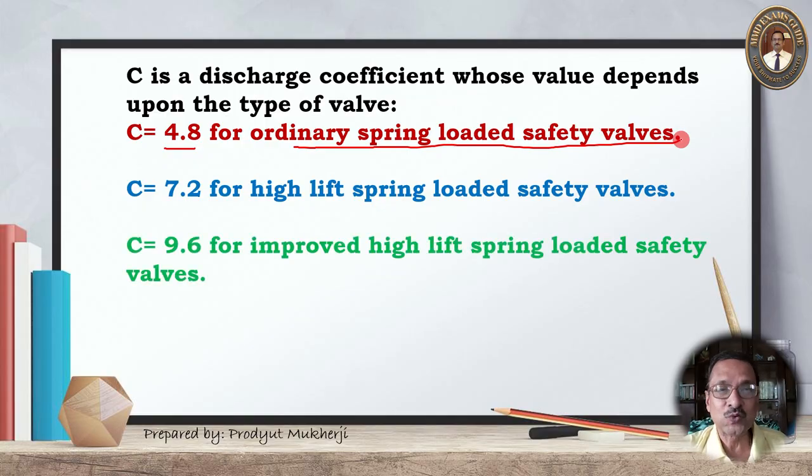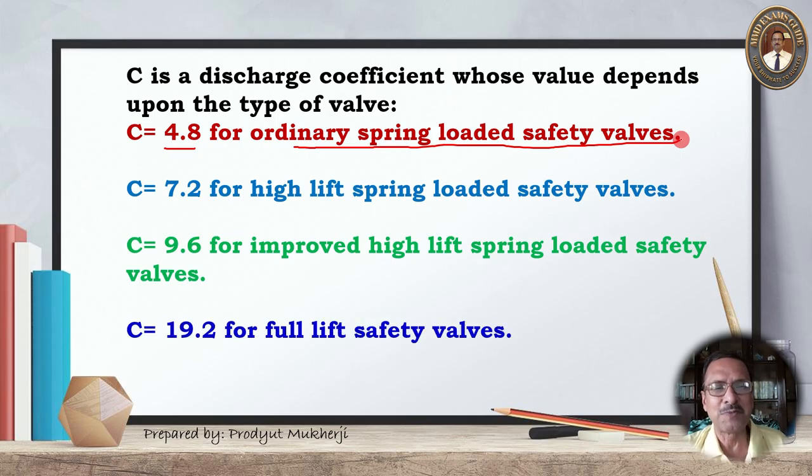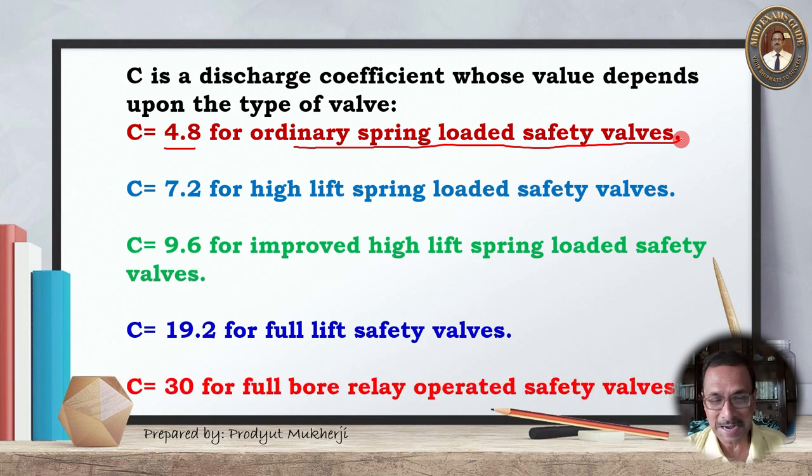It would increase to 9.6 for an improved high lift spring loaded safety valve, and C would be 19.2 for a full lift safety valve, and increase to 30 for a full bore relay operated safety valve. So these are the different values of C depending on the type of safety valve.